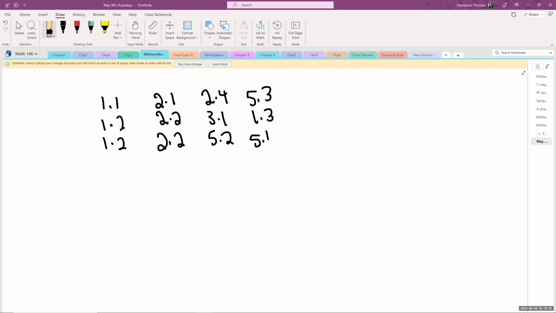I might have to erase this. So we have a 2.4, 3.1, 5.2, 5.3, 1.3, and after the 1.3, there's a 3.4.